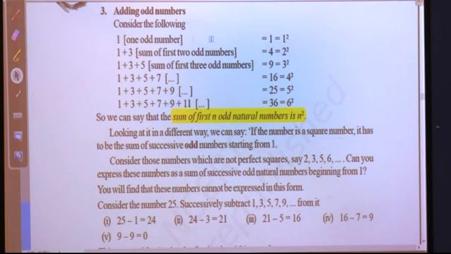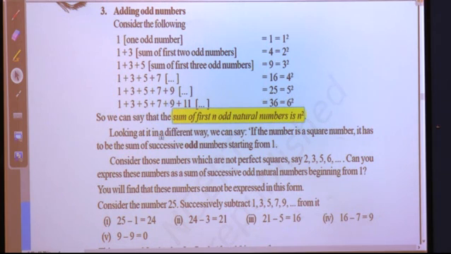One odd number gives 1 square, two odd numbers give 2 square, three odd numbers give 3 square, 4 odd numbers give 4 square, 5 odd numbers give 5 square. So the conclusion is that the sum of first n odd natural numbers is n square.